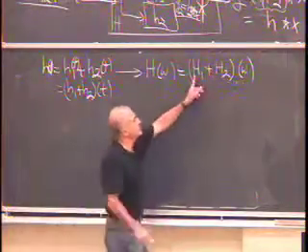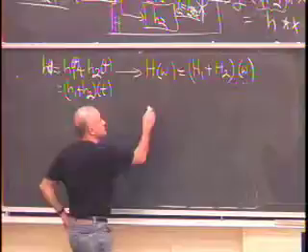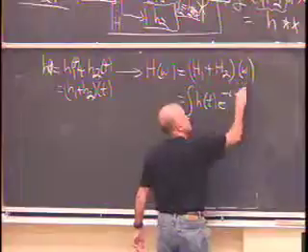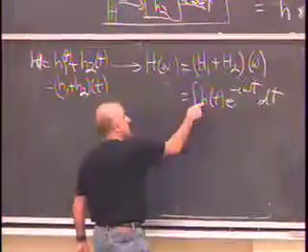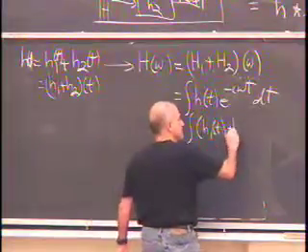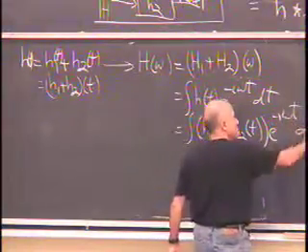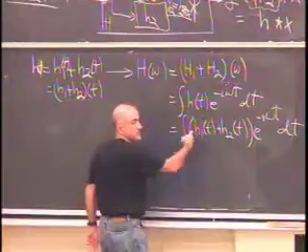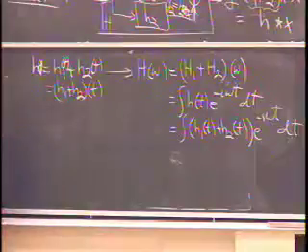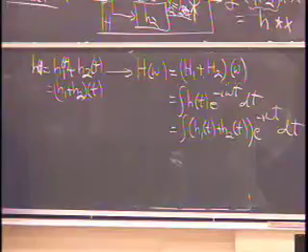Again, this linearity comes from the fact that H of omega is the integral of h of t e to the minus i omega t dt. But if h is the summation of these two, then you have the integral of h1 plus h2, the whole thing times e to the minus i omega t dt. And that obviously is the sum of the two frequency responses. So that's the tamest of them all, parallel interconnection of LTI systems.